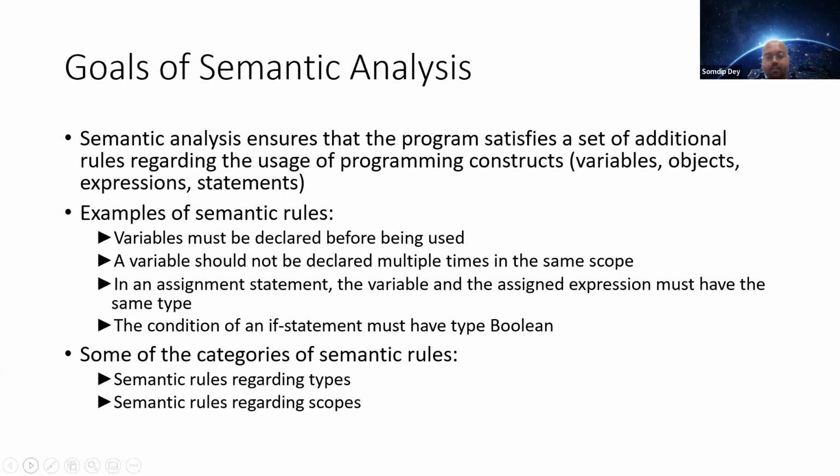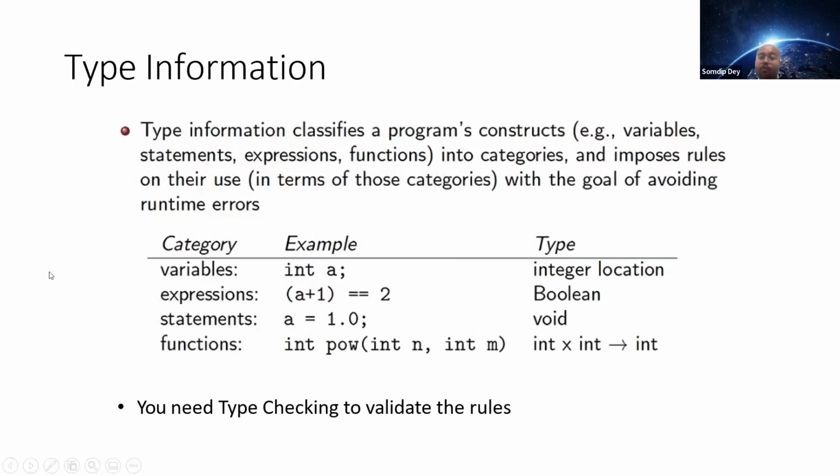Now, type information classifies a program's constructs such as variables, statements, expressions, and functions into different categories, and then imposes rules on their usage in terms of those categories, with the goal of avoiding runtime errors.